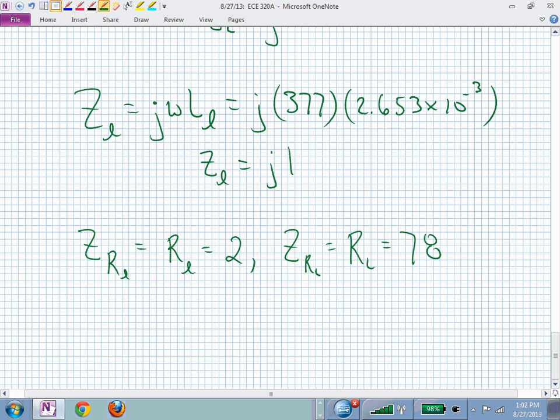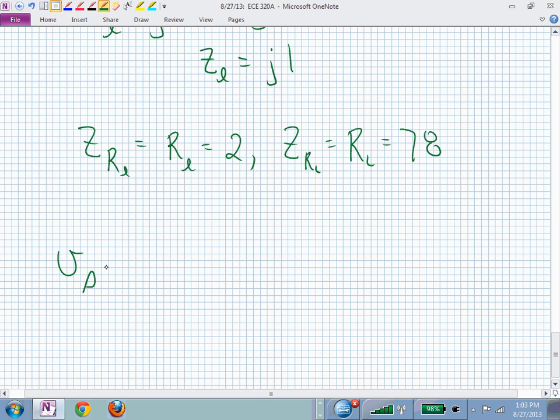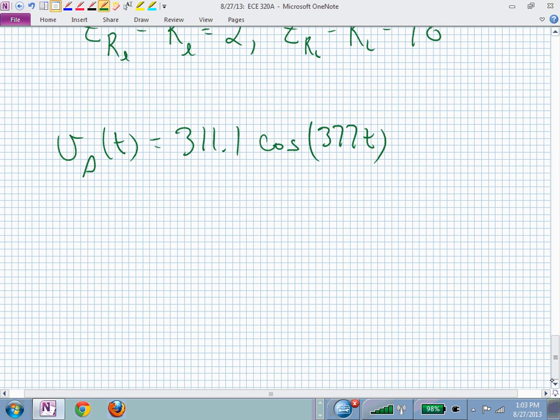If we convert our source, V sub S of t was equal to 311.1 cosine of 377t. If we put that into phasor form, how would we write that?